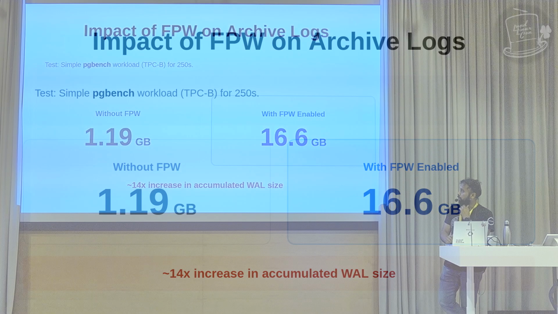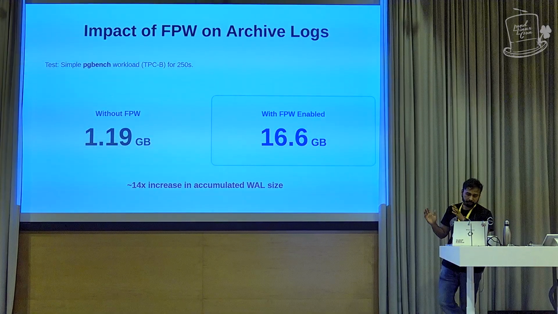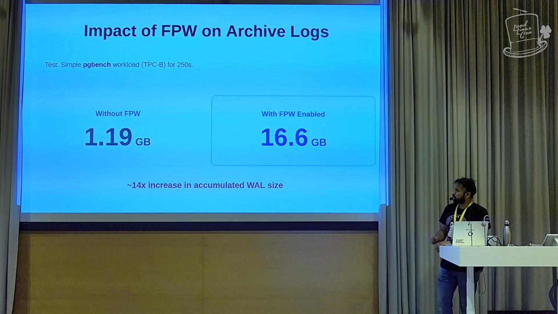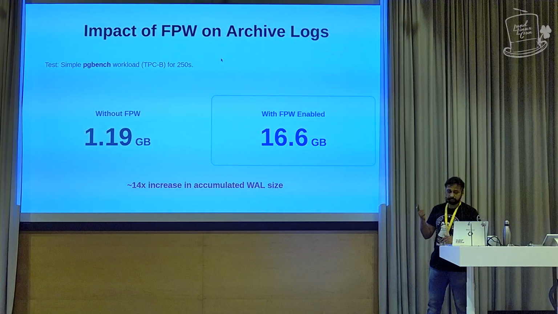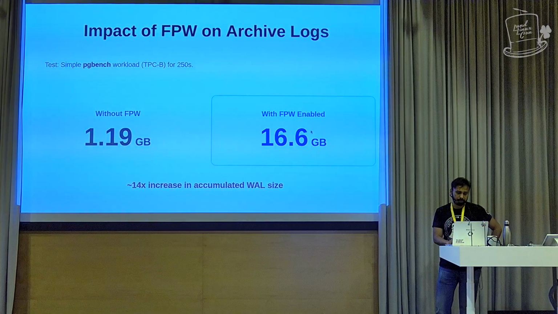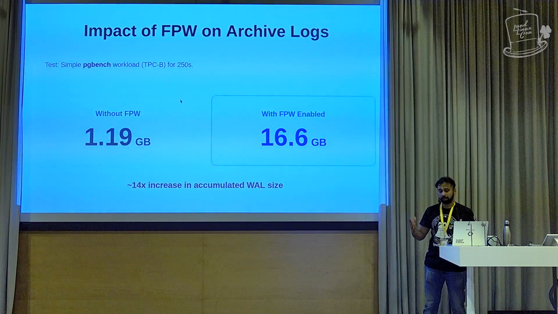So I did a small experiment, nothing fancy, just a pgbench workload for some time. When you have full page writes enabled and when you don't, you can see the WAL can just explode like crazy.